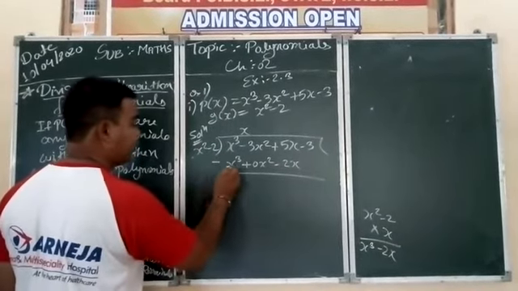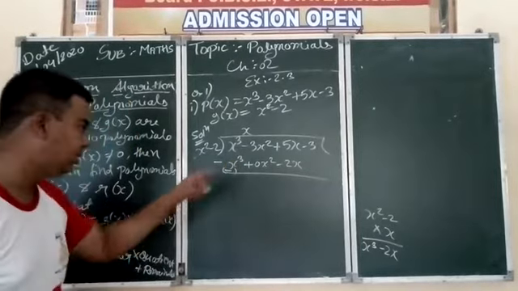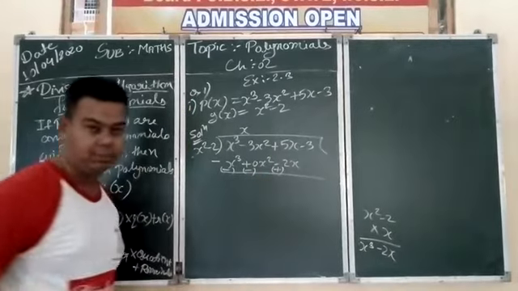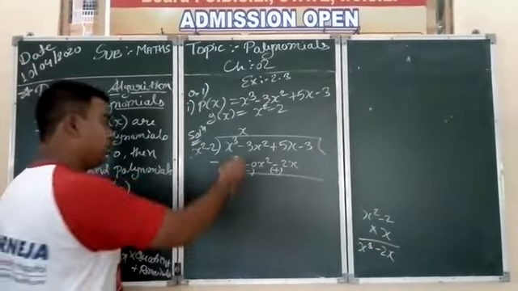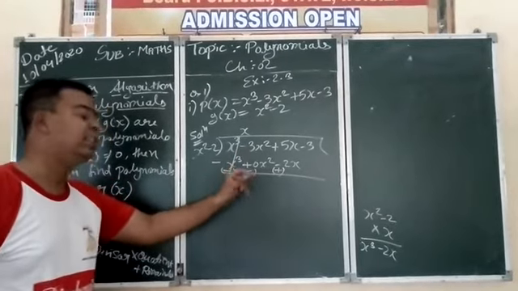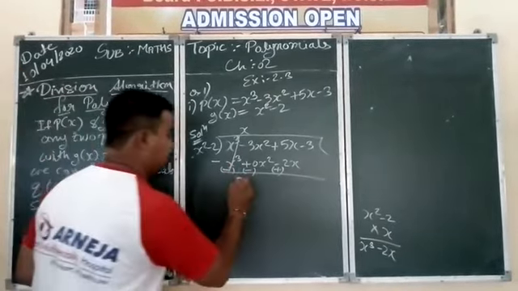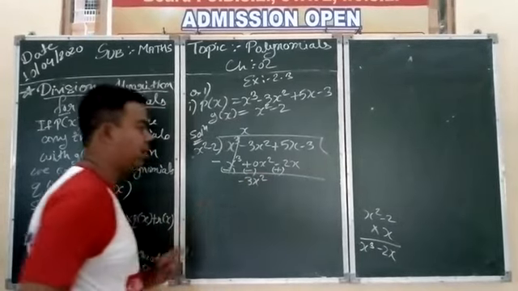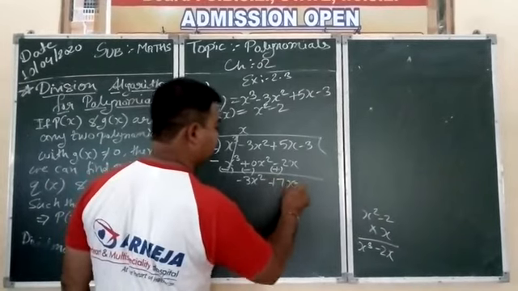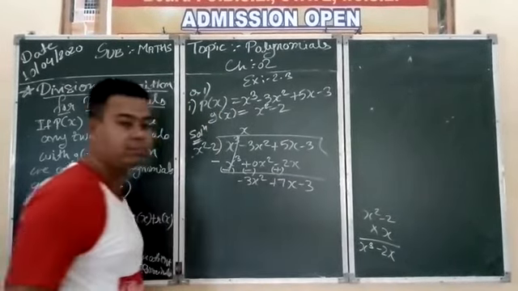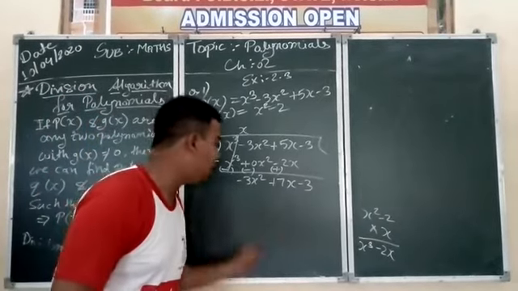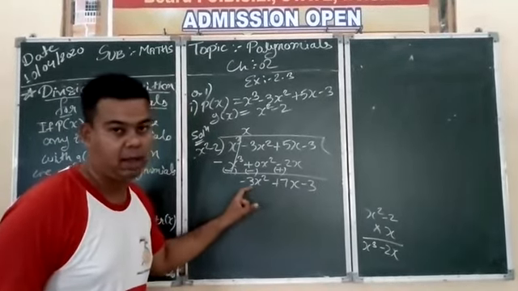Now subtract: plus changes into minus, and minus changes into plus. So x cube minus x cube cancels. Minus 3x square minus 0x square, so the answer is minus 3x square. 5 plus 2 is 7x, minus 3. Now x square minus 2 is multiplied by which term to get minus 3x square?